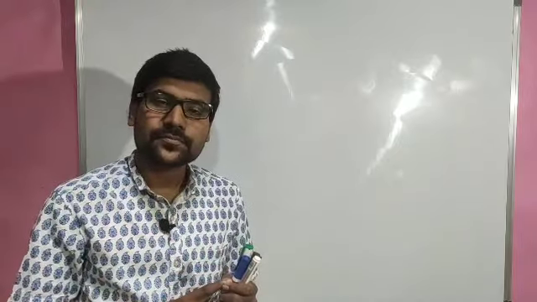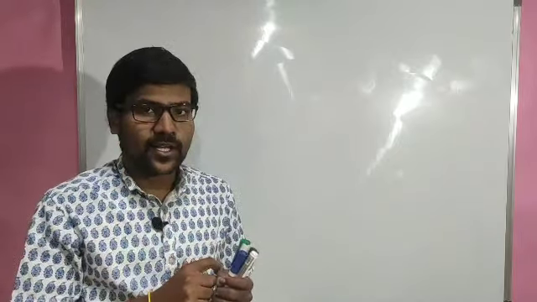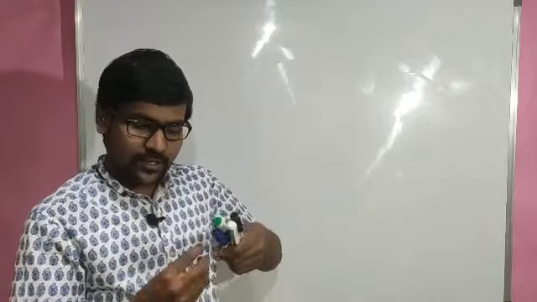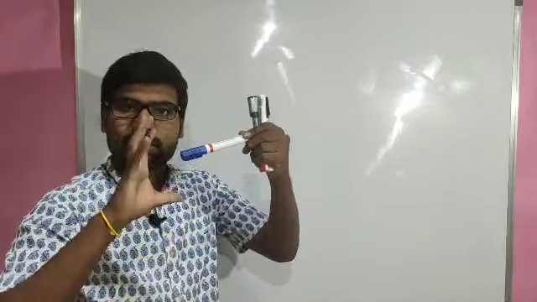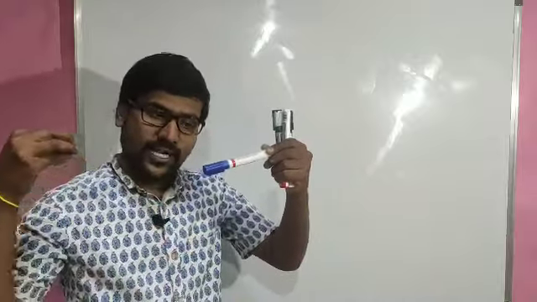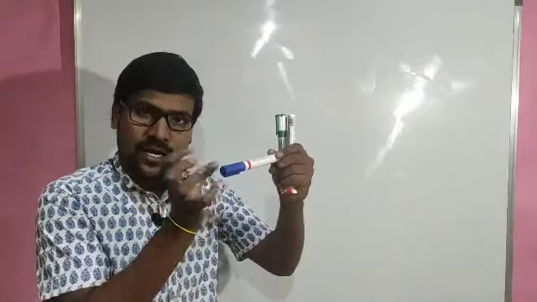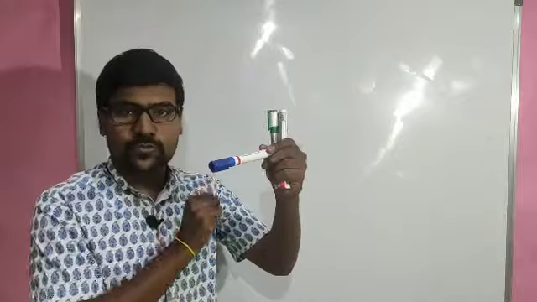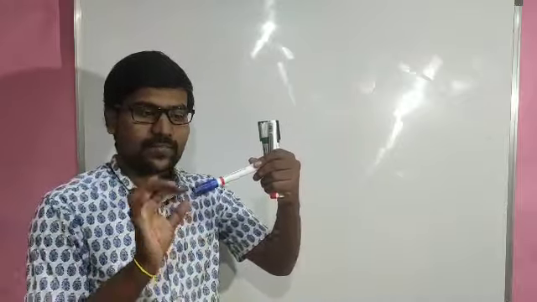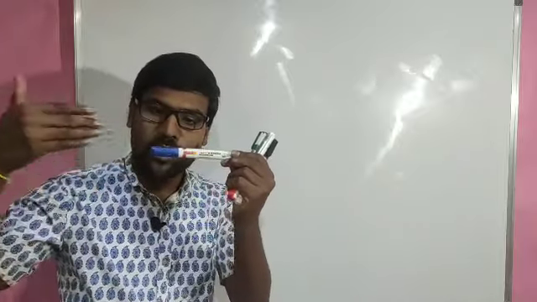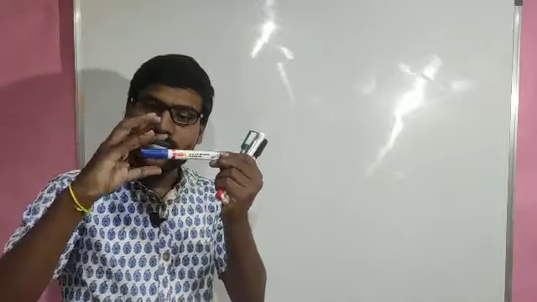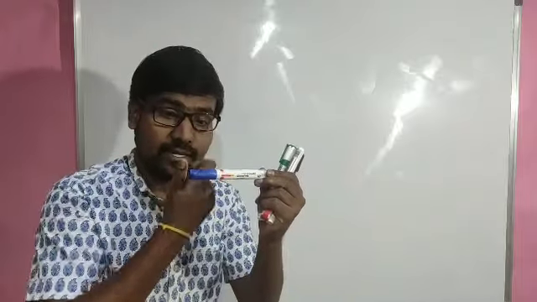Second, imagine this is the root, surrounded by soil that has plenty of water. Water enters inside by osmosis or diffusion, and continuously enters. But the root is very thin, its diameter is very small. When water continuously enters, a pressure gets created inside.